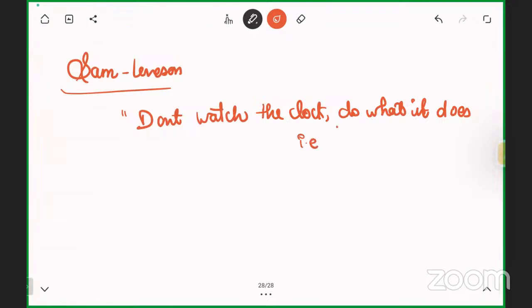That is, keep going. What I want to convey with this quote is that you shouldn't stop until you complete the thing. See, if you look at the clock, it always goes on. It never stops unless your cell is weak.